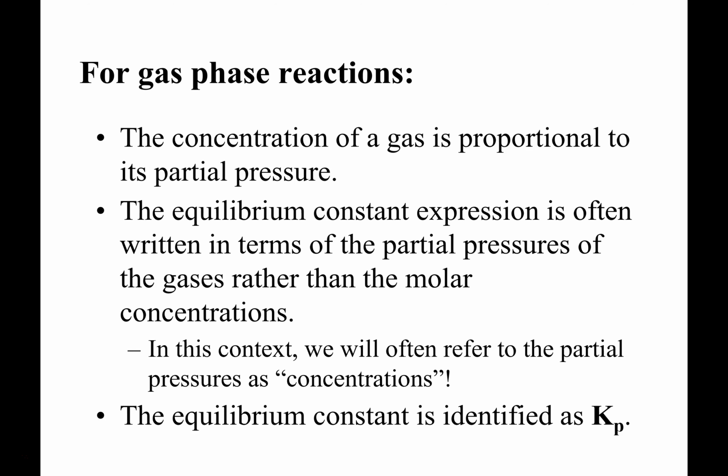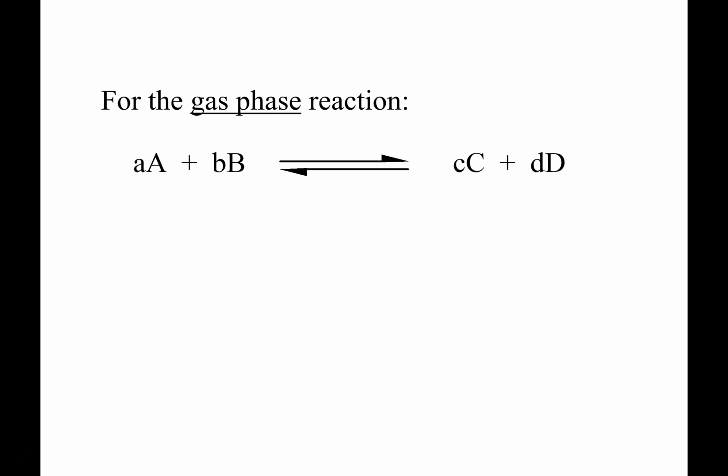So again, don't blame me, but this is where I introduce another equilibrium constant instead of Kc. If you say a Kc there, think in terms of molar concentrations of the products and the reactants. Kp means we're talking about partial pressures.